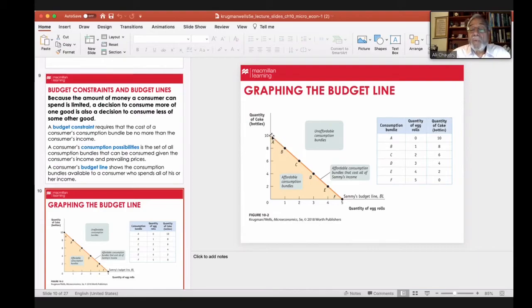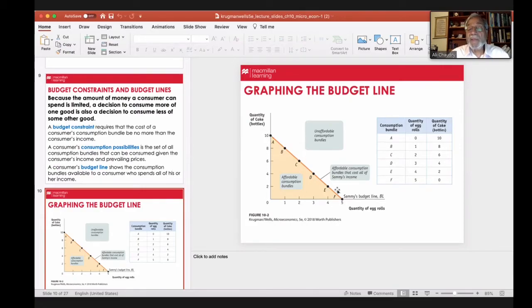So we say that if we spend all of the money we had on one item, let's say on egg rolls, the total number of egg rolls we could purchase would be 5. If we spend it all on Cokes and none on egg rolls, then we can get 10 Cokes.